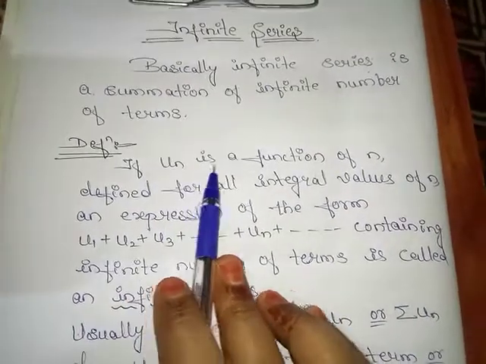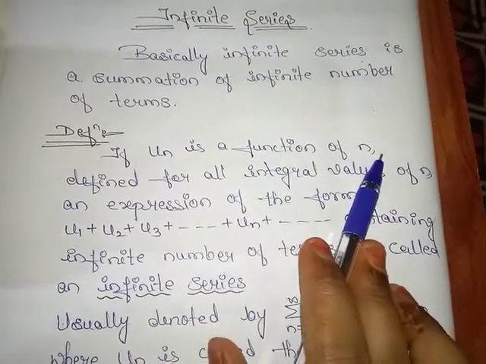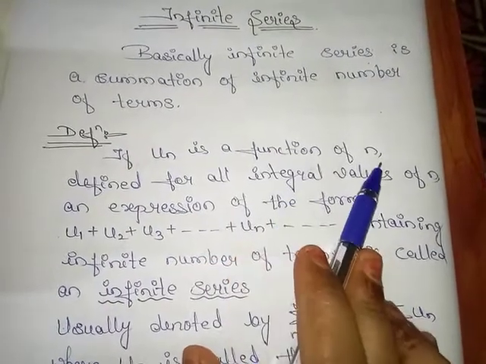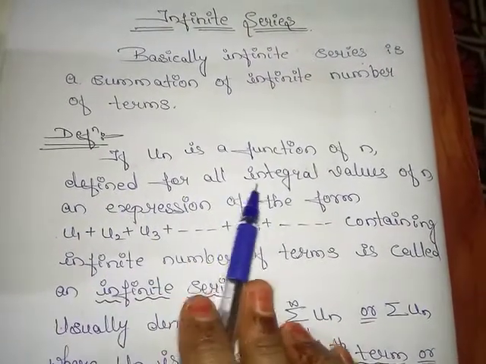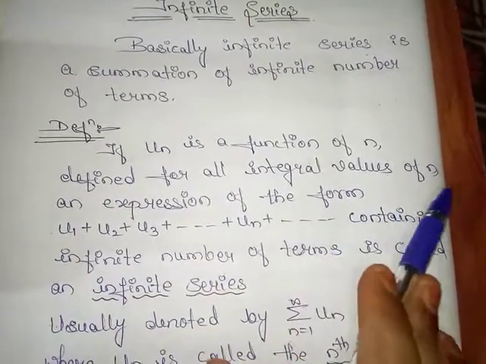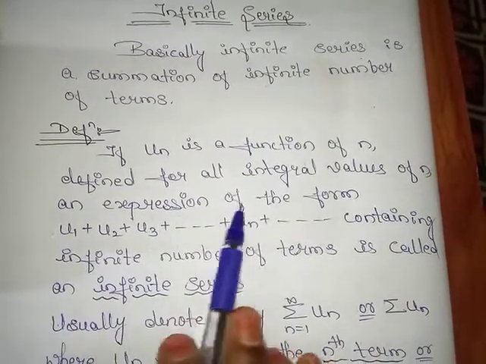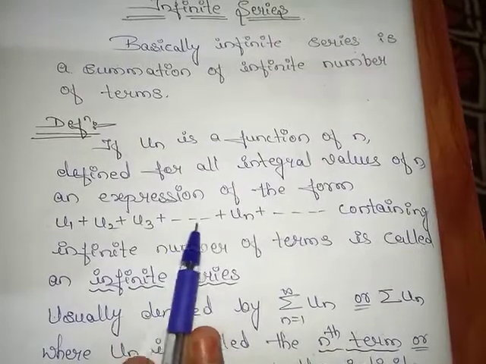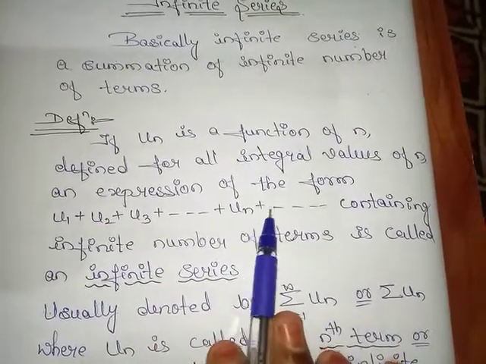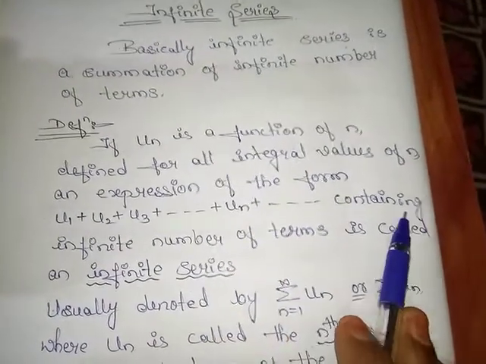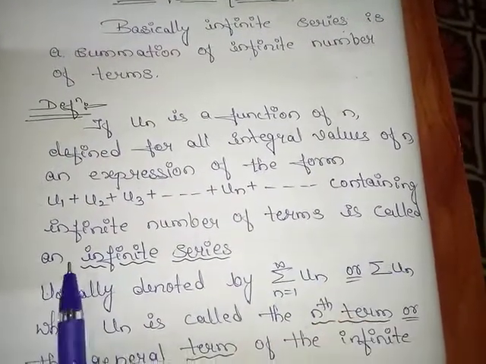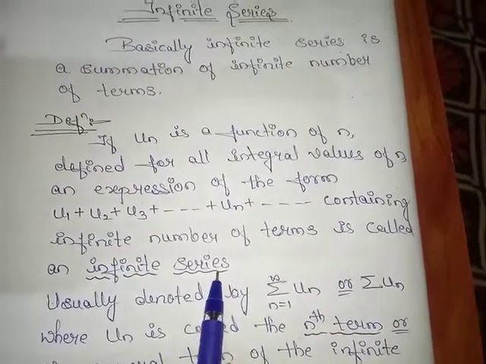If un is a function of n defined for all integral values of n, an expression of the form u1 plus u2 plus u3 plus so on to un plus and so on, containing infinite number of terms, is called an infinite series.